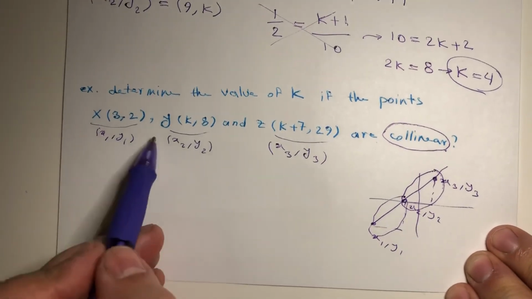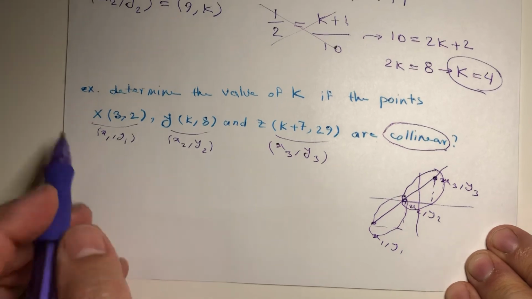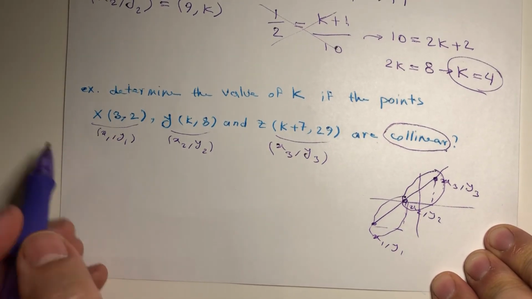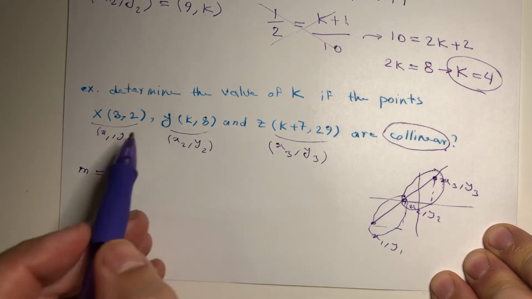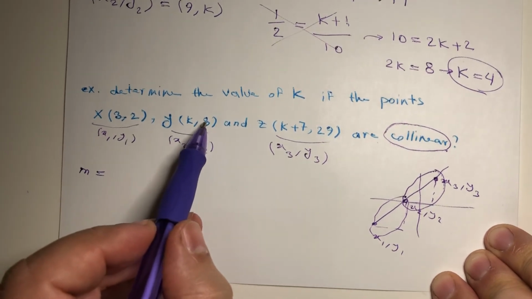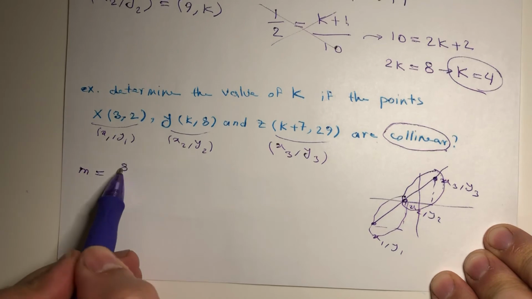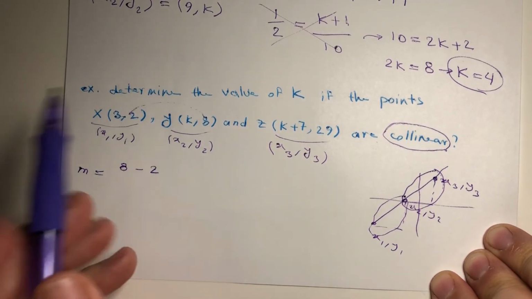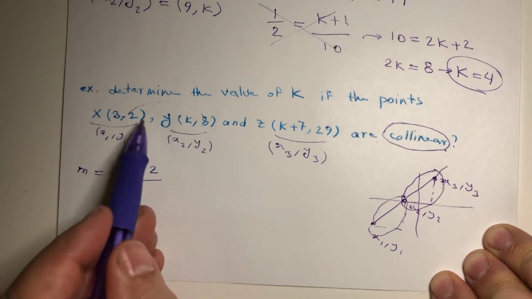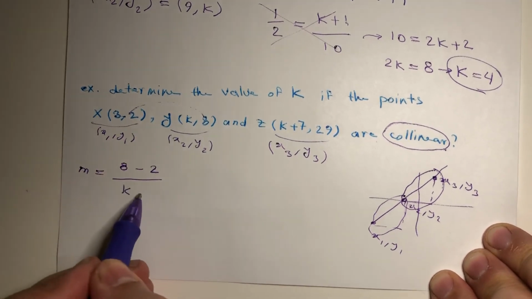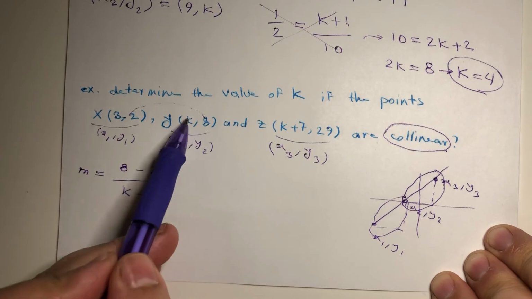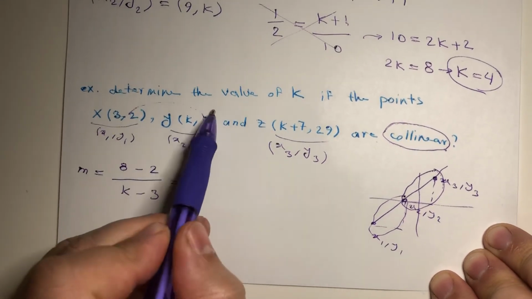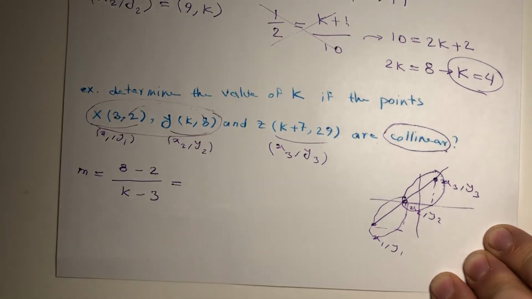So if I use the first 2 points to calculate the slope, then the slope would be y2 minus y1, meaning 8 minus 2, over x2 minus x1, meaning k minus 3, right? So the slope is 6 over k minus 3 when we use these 2 points.